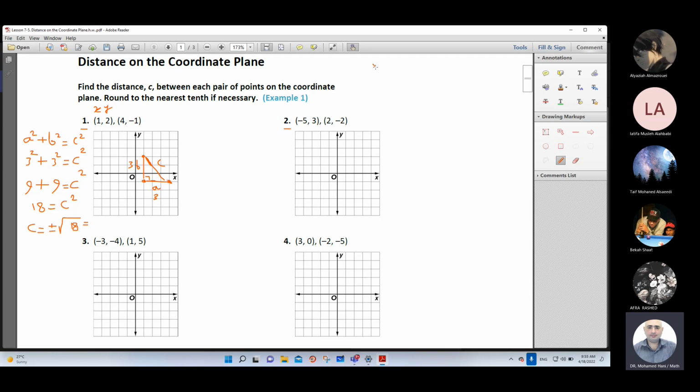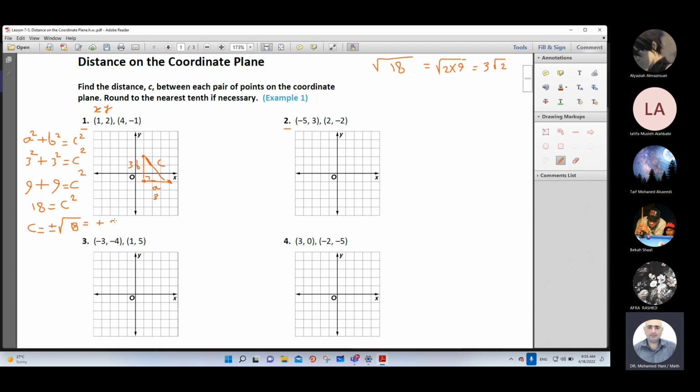We can simplify the square root of 18. As you know, 18 is 2 times 9. And the square root of 9, which number multiplied by itself equals 9, is 3. So 3 square root of 2. We take the positive value because here we have a length.